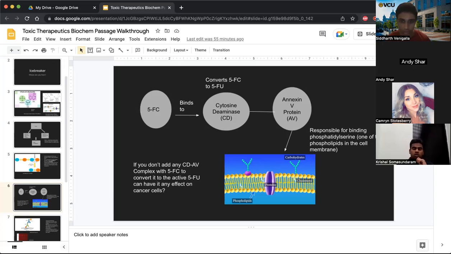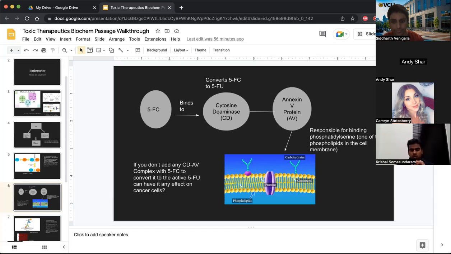They want to know whether that complex is actually going to bind to the cancer cell so it can deliver 5-FC there, where 5-FC is converted back to 5-FU and its active form can carry out its effects of stopping DNA replication.